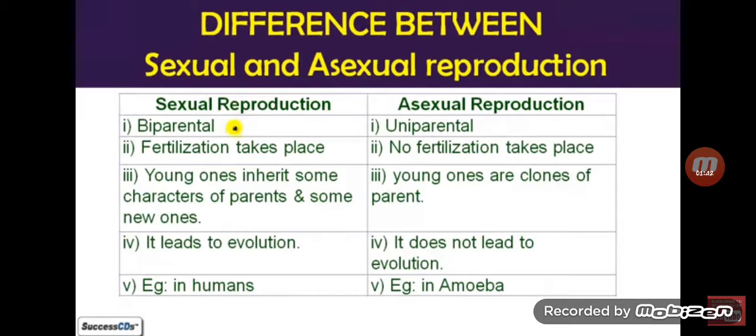No new characters are developed as only one parent is involved. So the young one is the exact copy of the parent. Now, in asexual reproduction, there is no evolution. An example is amoeba.